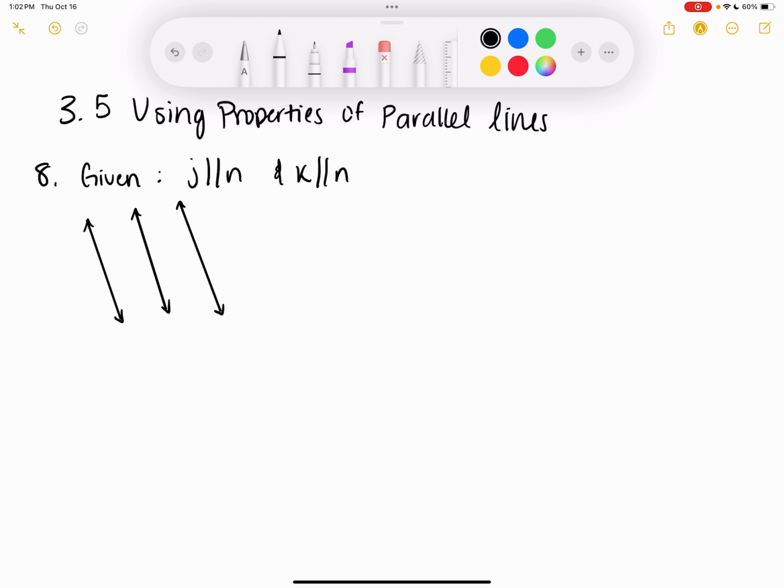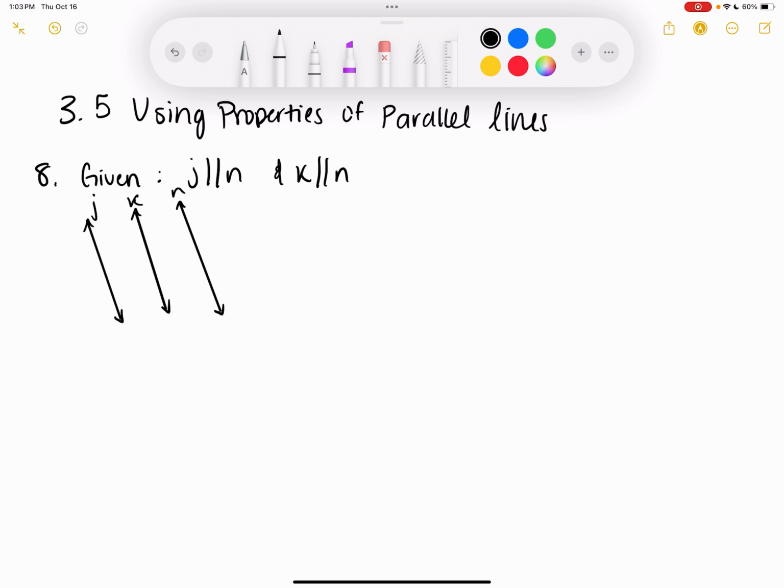J, K, N. So that's all given information there. And so they want us to use one of our theorems or postulates to explain why J is parallel to K.